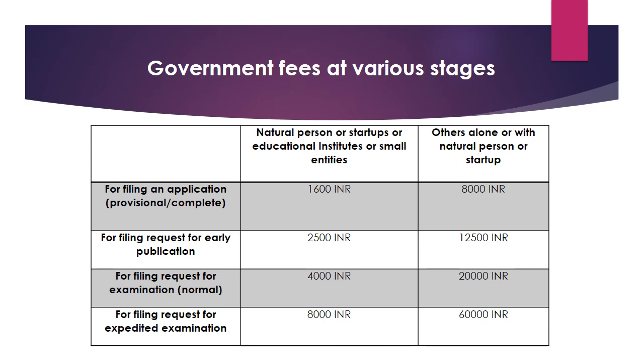If you wish to go ahead expeditiously, then there is an option of filing for expedited examination as well, that is 8000 rupees. And the same applies for others, like the fee structure for all of these things for others. Others means those who do not fall under this category.